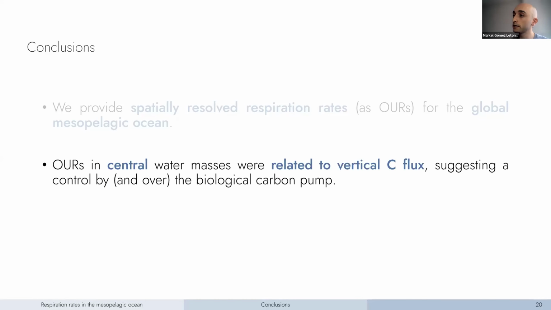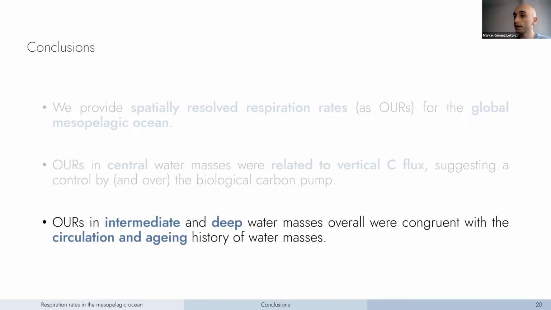Specifically, as I said, the central water masses presented oxygen utilization rates which were related to the vertical carbon flux that we estimated, suggesting that there was a control by, and in turn a control over, the biological carbon pump by respiration. On the other hand, in the intermediate and deep water masses of the mesopelagic, the oxygen utilization rates were more associated to the circulation and aging history of these water masses.